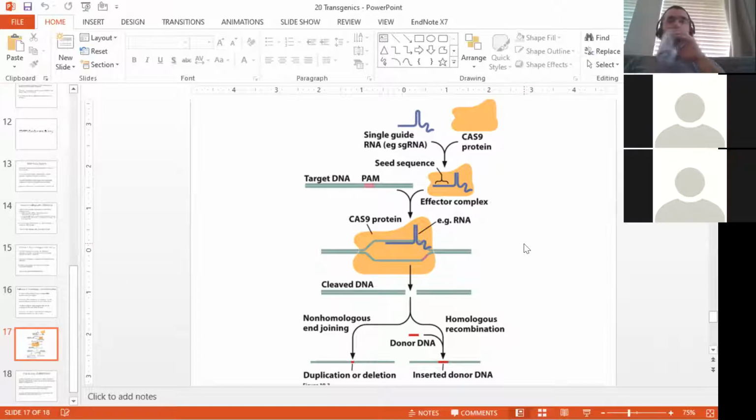And so this guide RNA is the bit of nucleic material which will match your target, right? So in bacteria, this is essentially what corresponds to that fragment of virus. In our hands as scientists, you create that guide RNA, right?